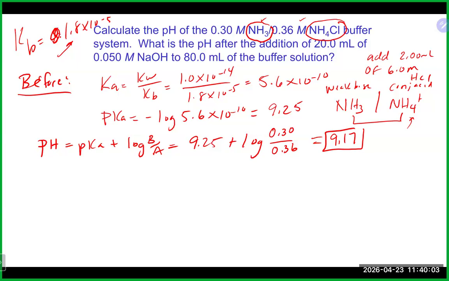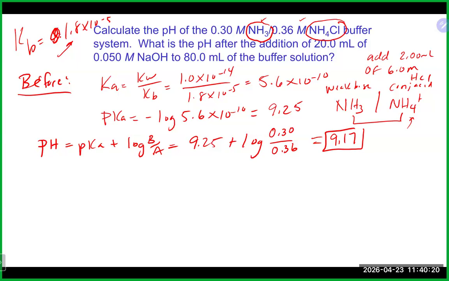All right, then let us do the second part here where we are going to add to 80 milliliters of this buffer 20 mils of 0.05 molar sodium hydroxide. So we just copy over some stuff here. So we got 0.3 molar NH3, 0.36 molar ammonium chloride.